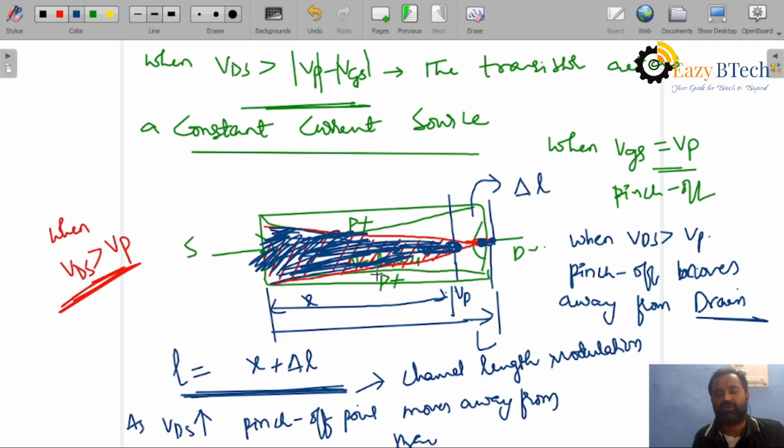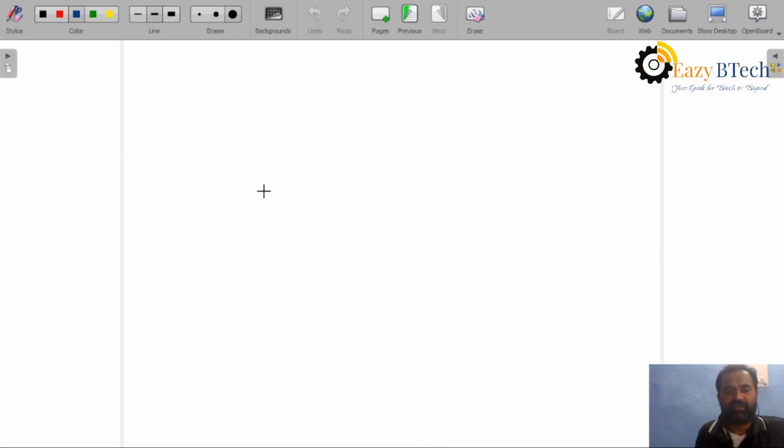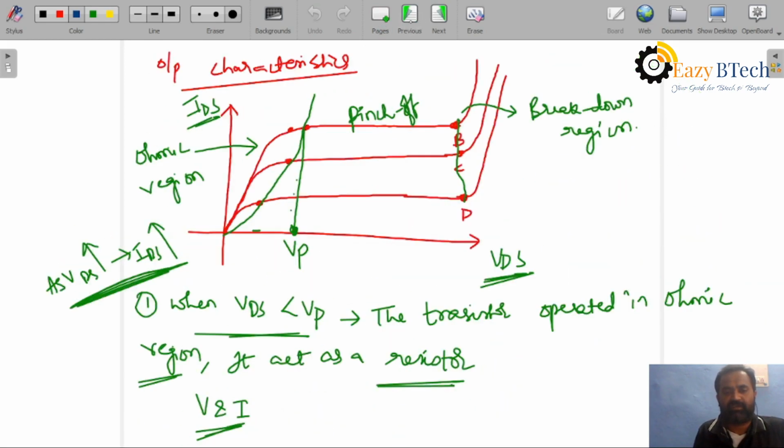From these graphs you can clearly see this region is the ohmic region, and in the pinch off region a constant current can occur.